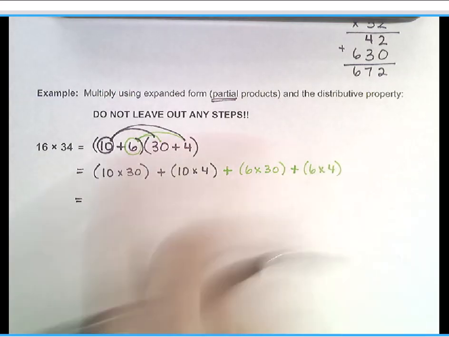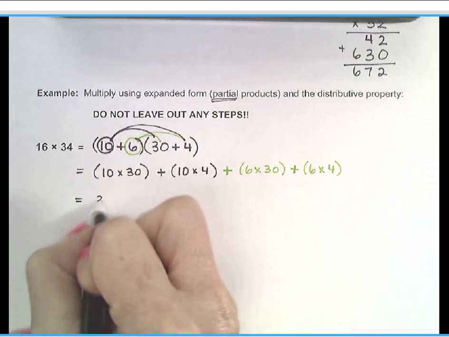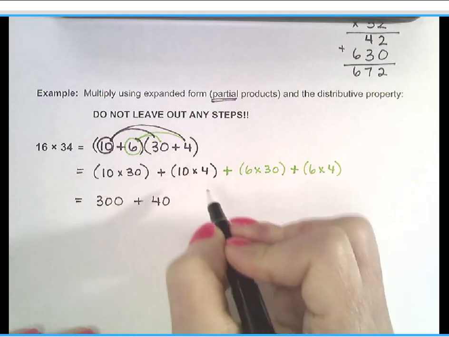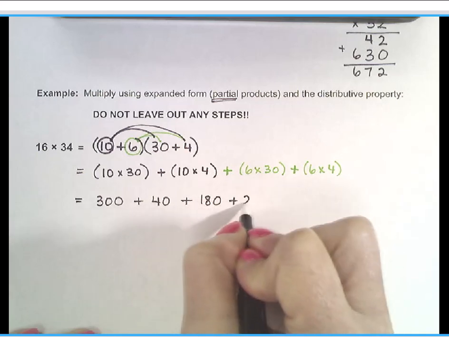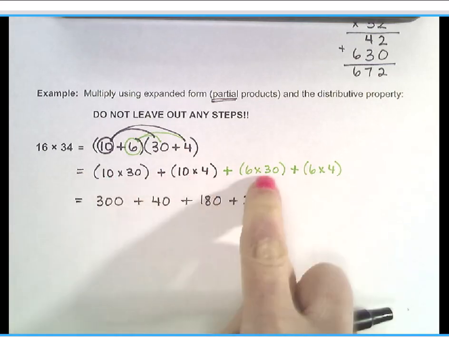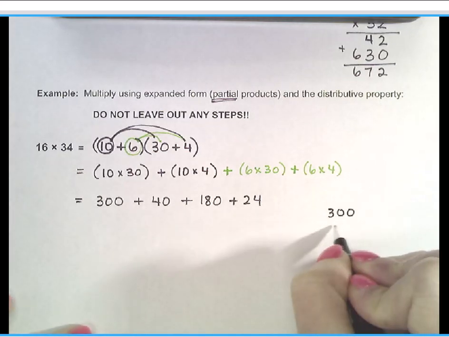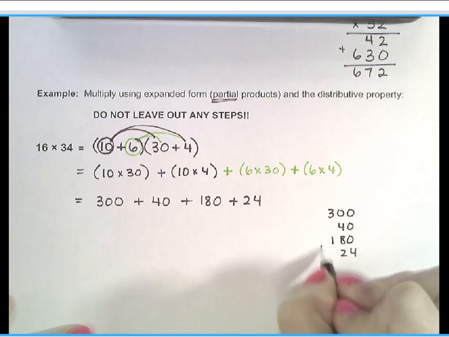Actually, I kind of prefer this to the standard algorithm. I actually think it's easier. So this would be 300, and then we have 40, and then we have 180, and then we have 24. 4 little small problems. And then for me, it's easier if I stack them up vertically, if I'm going to add these on paper or whatever.